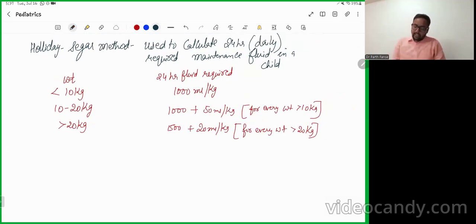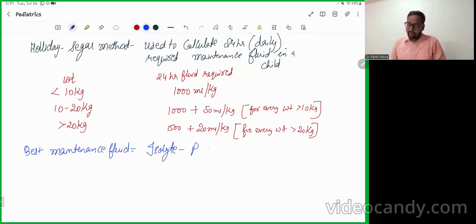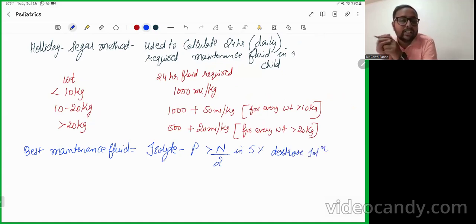Let's take an example. Which is the best maintenance fluid? It will be Isolyte P, which is the best maintenance fluid compared to N/2 in 5% dextrose solution.